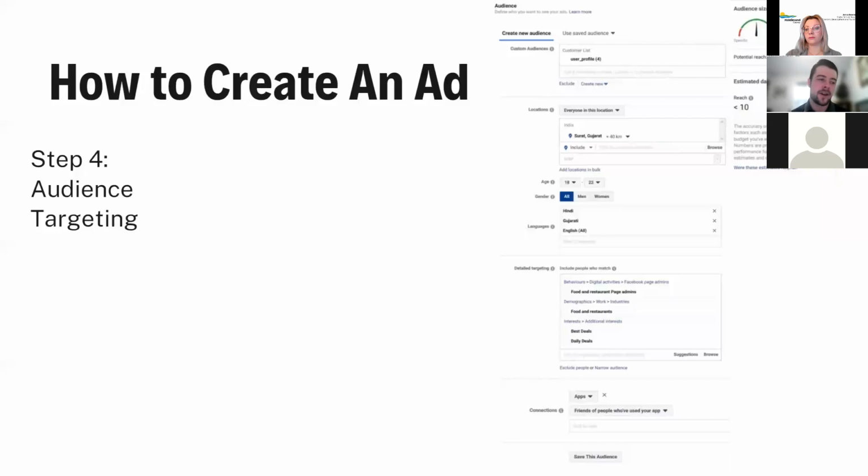So you really want to ask yourself, what kind of person would actually take action on this advertisement? What gender, what location? Is there any specific interest? These are all questions you want to ask yourself before you get into this step and before you create your ad. That way you target a specific amount of people who are going to be interested in your product or your service, whatever you're advertising.